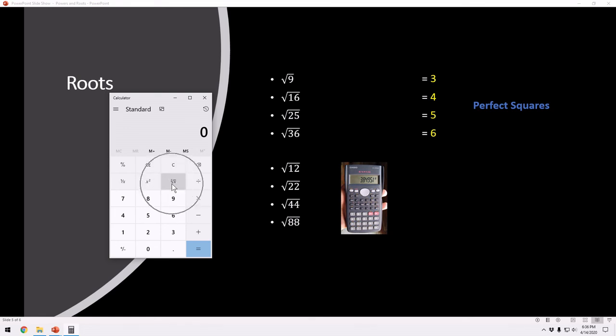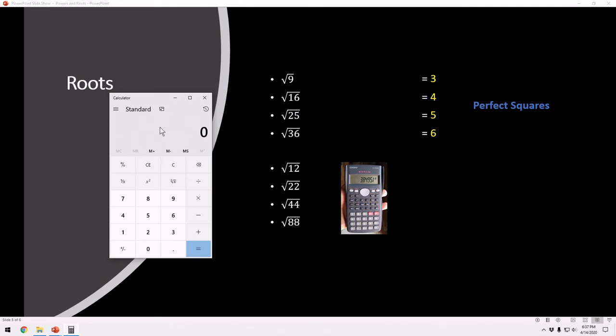I believe on most smartphones, like the iPhone, it looks like this. And on Android phones and other physical calculators, you're going to see only the square root symbol, or what looks like a division symbol. Sometimes it requires you to press the shift key, and sometimes it doesn't. So you're going to have to learn that on your own, my friends.